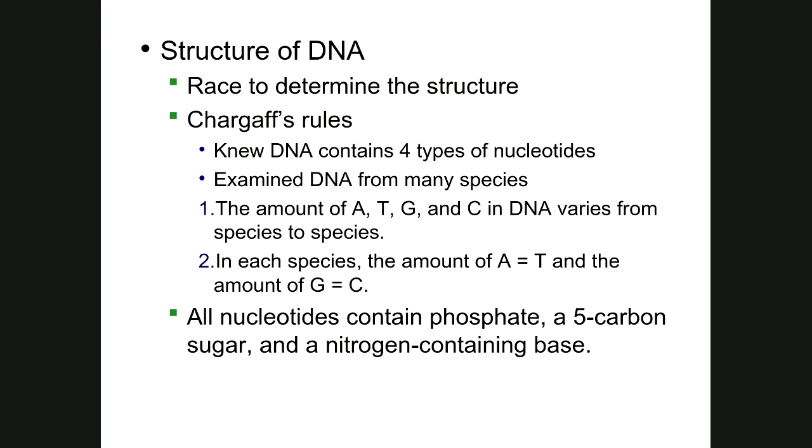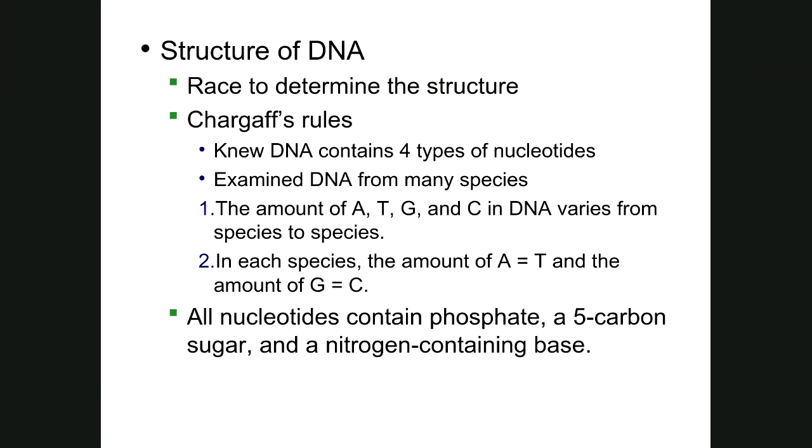He knew that the amount of A, T, G and C vary from species to species, and second is the amount of A is equal to T and G is always equal to C. Another information he told is that all the nucleotides contain three things: a phosphate group, a 5-carbon sugar and a nitrogen containing base.